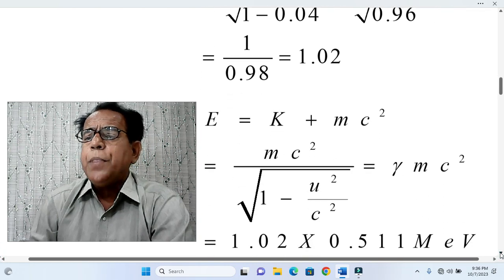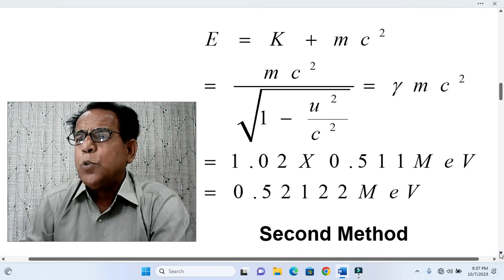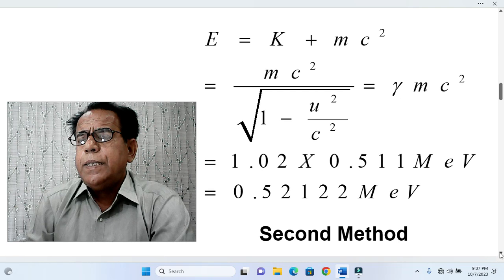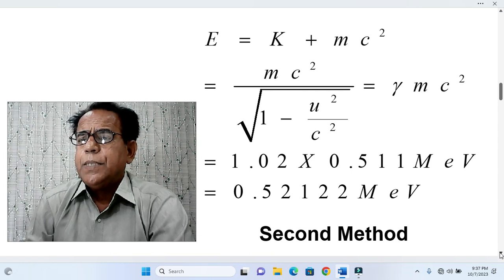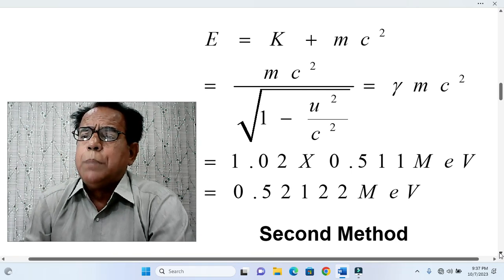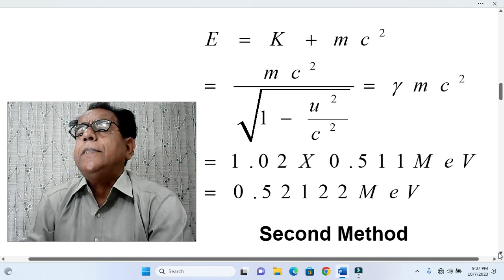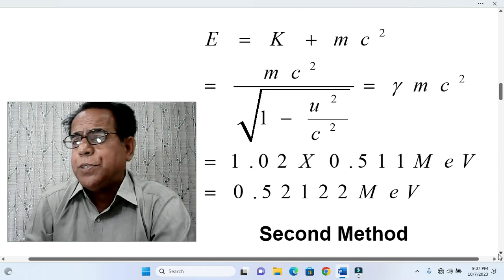Now we come towards the second expression, that is total energy. E equal to K plus mc square. This alternatively becomes mc square over under root 1 minus u square over c square, and this becomes gamma mc square.